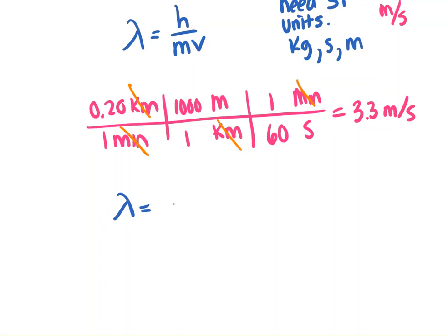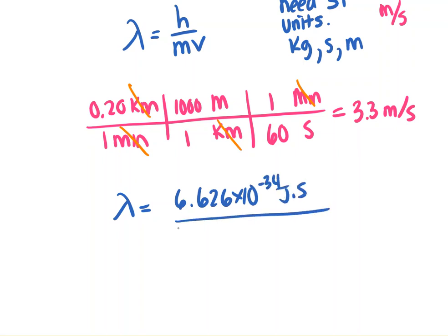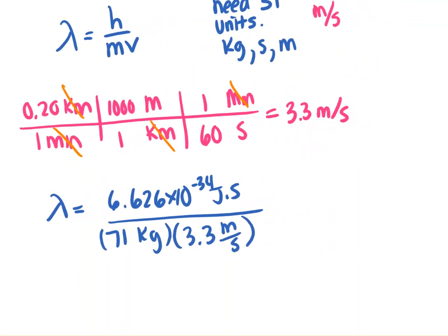This is Planck's constant on top. At this point it may look like those units aren't going to cancel, what's happening?